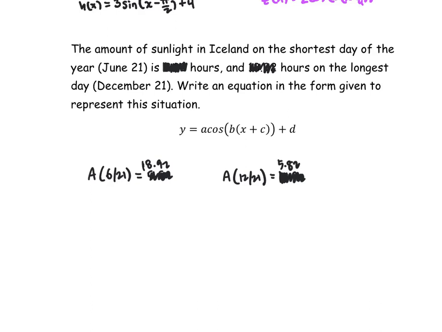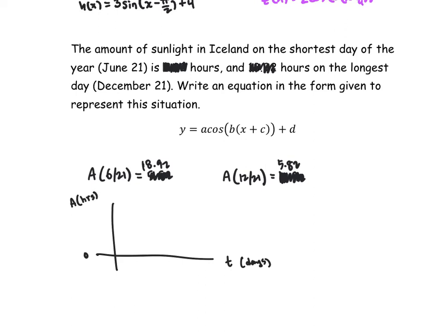Okay, so let's just sketch this out. There's never 0 hours of sunlight, so we don't have to worry about it touching the horizontal axis. So we'll call this t in days, and then A in hours.